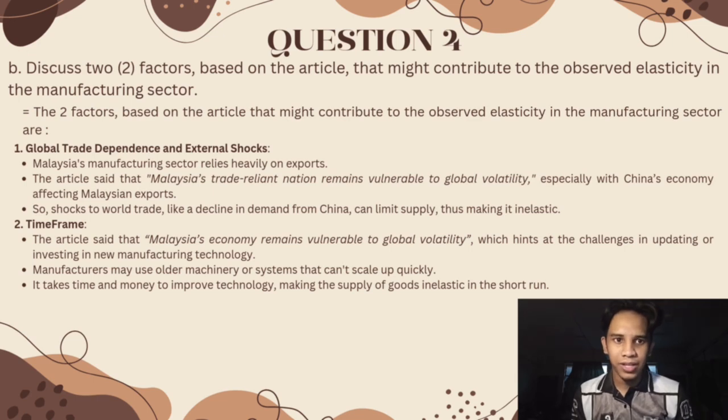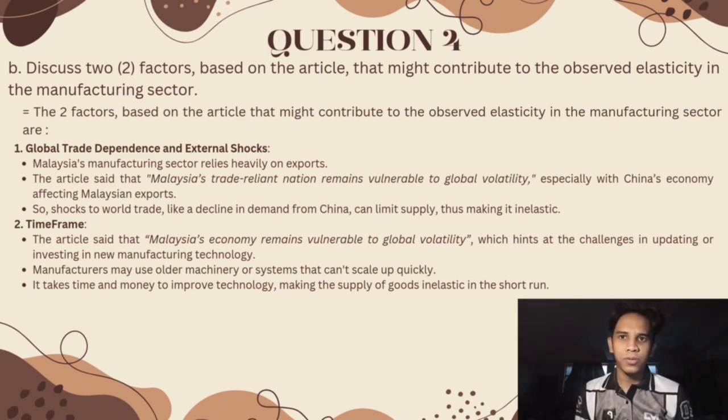Why? Because as the article said, Malaysia, a trade-reliant nation, remains vulnerable to global volatility. That means we still rely on them. If they experience a downfall, we will experience a downfall too.